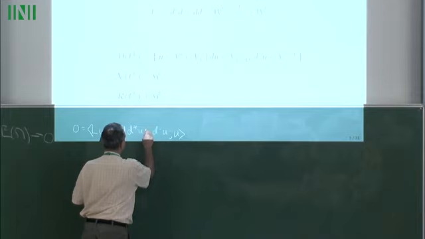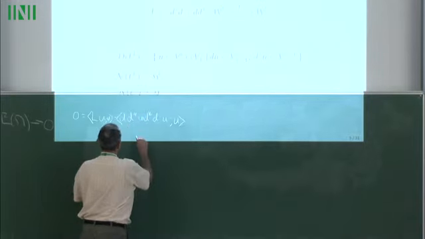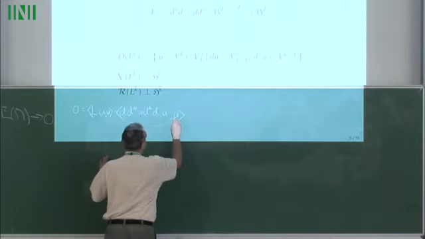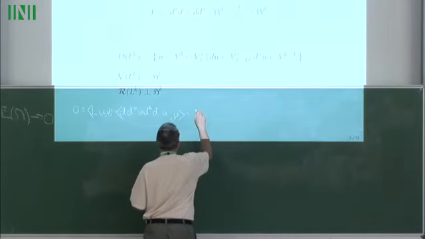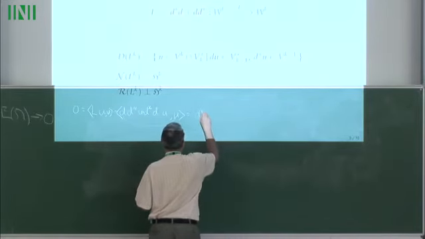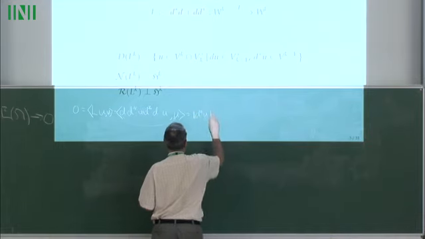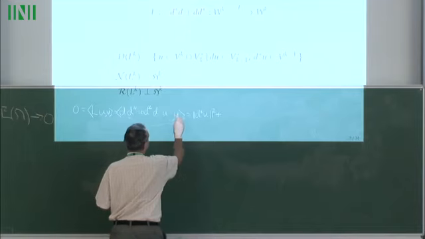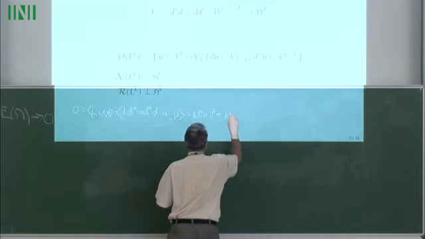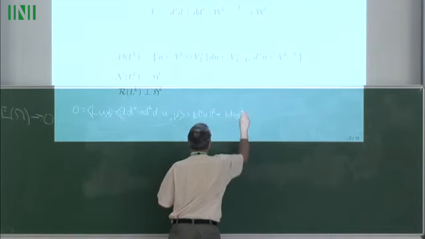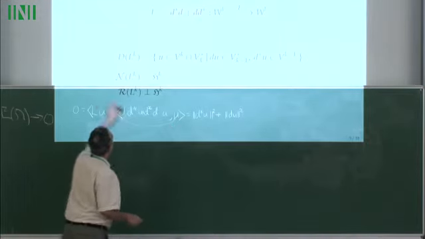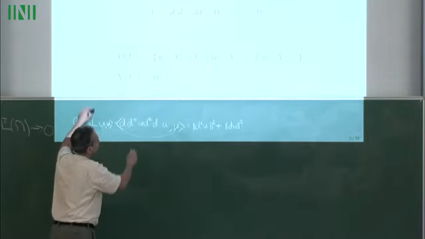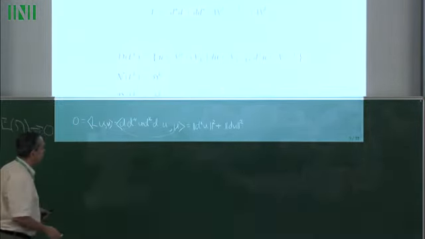D D star plus D star D. Thank you. So I take this D and I put it as an adjoint on D star, and I get the norm of D star u squared. And I take this D star and I take its adjoint and put it on u, and I get the norm of D u squared. And this is all allowable because u is in this domain, so the adjoints apply.